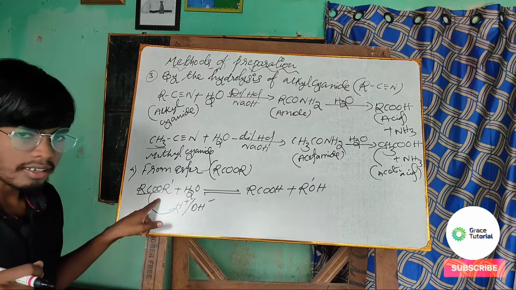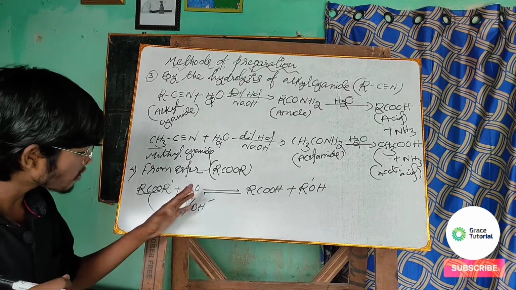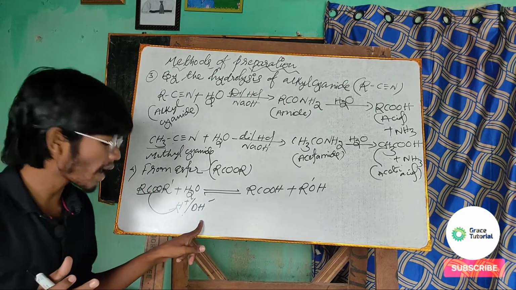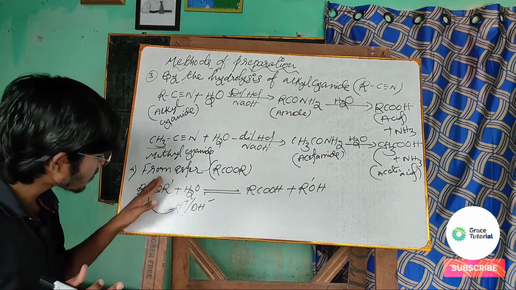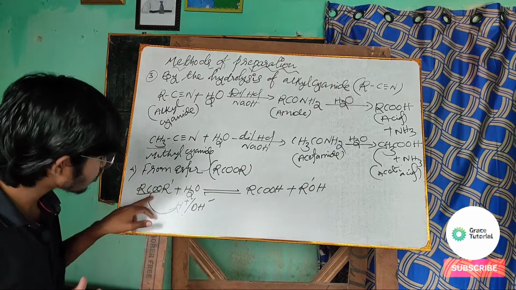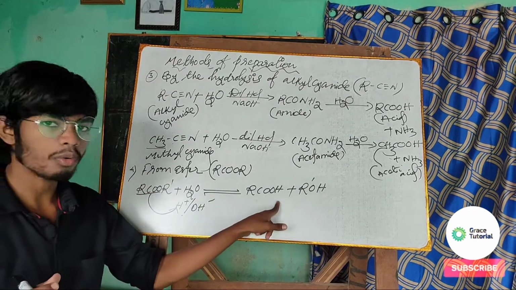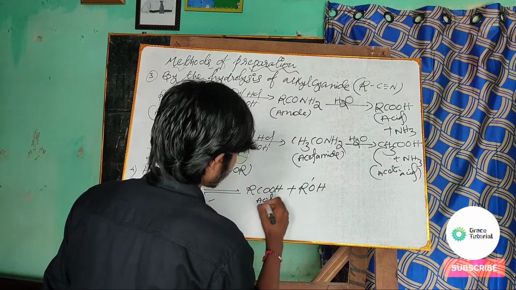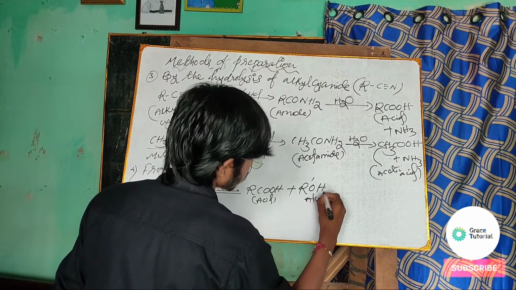So when ester gets hydrolyzed, if the water molecule dissociates, then we get H plus and OH minus. This RCOO minus reacts with H plus and finally gives RCOOH. This is acid, and this is alcohol.